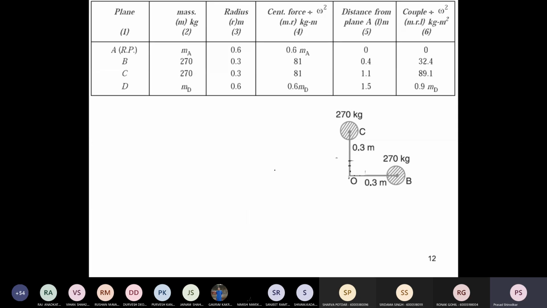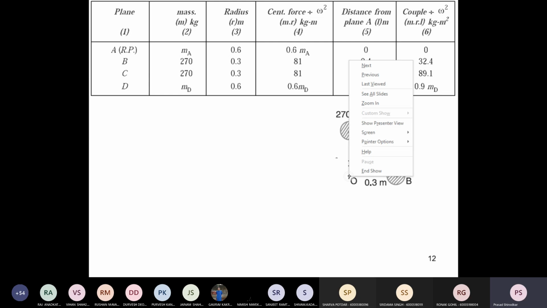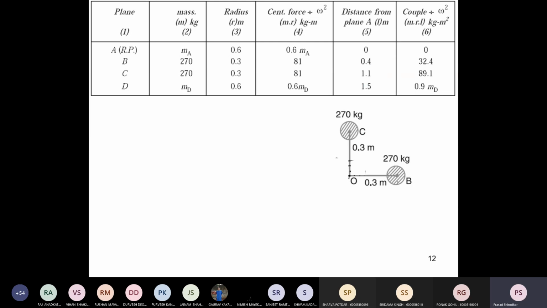All right. So now you can see these are the two positions of masses B and C. So let's start with CB. CB is 32.4.